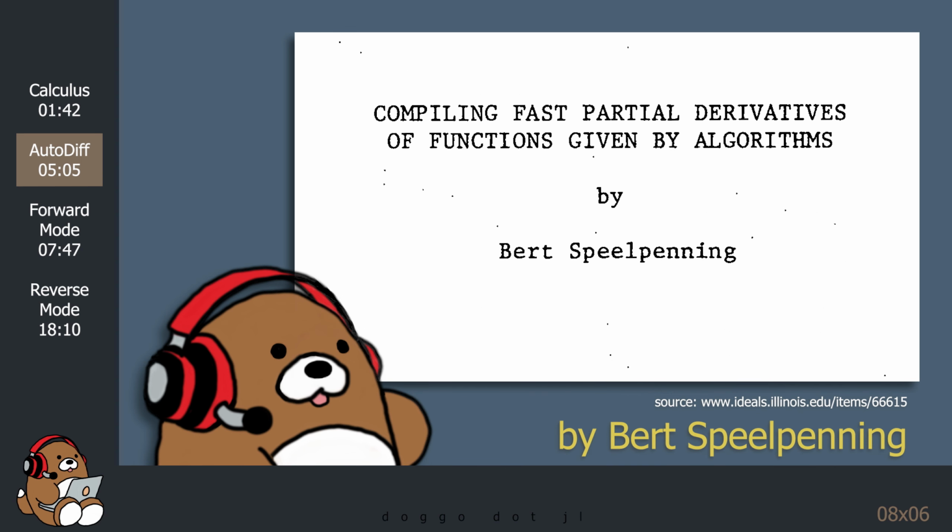In 1980, Bert Speelpenning completed his doctoral dissertation at the University of Illinois at Urbana-Champaign, titled Compiling Fast Partial Derivatives of Functions Given by Algorithms, that describes reverse-mode automatic differentiation, which is the other major technique for a computer to calculate derivatives.